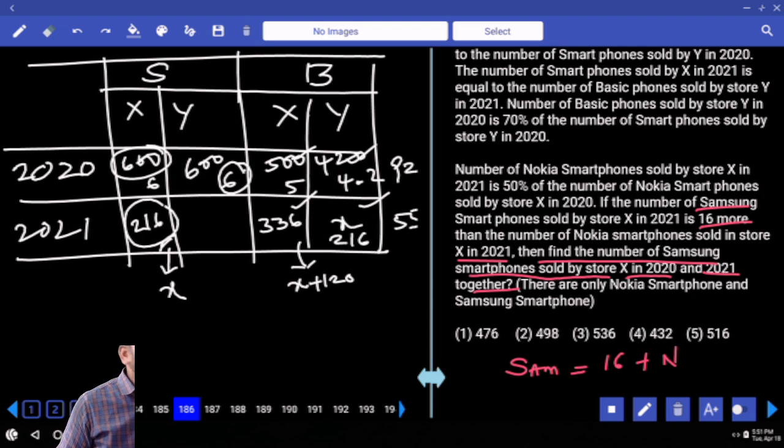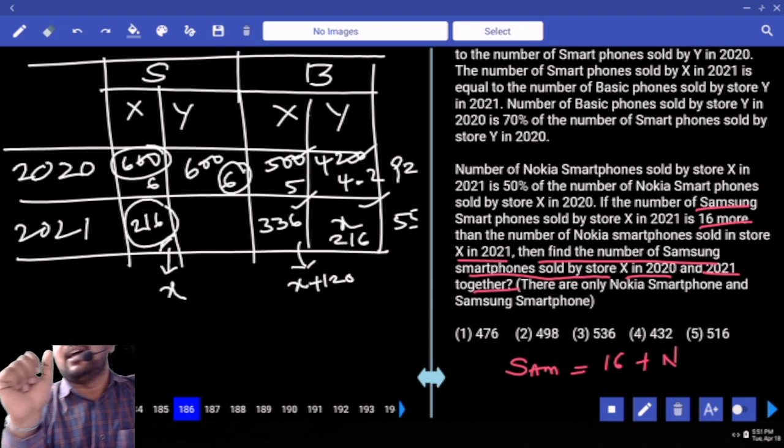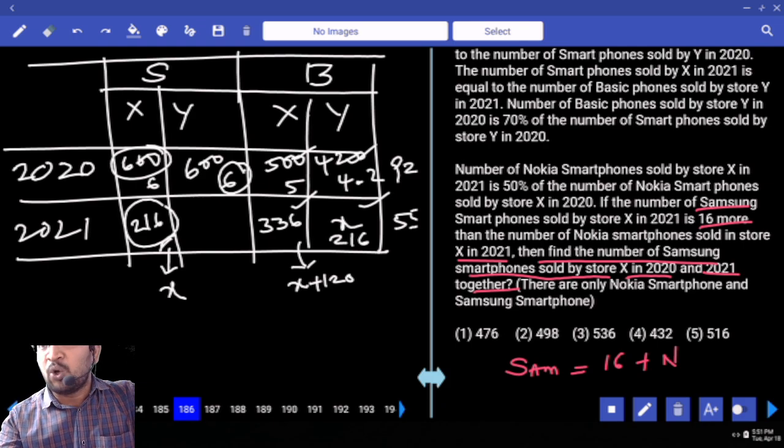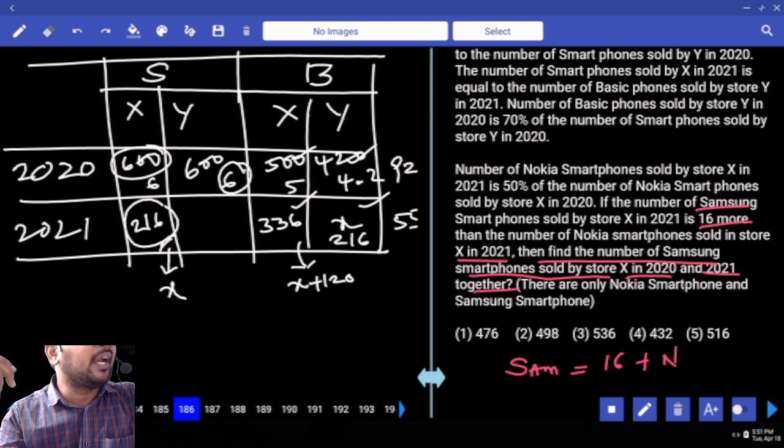Difference is 16. Now remove the difference 16 from 216, that is 200, so Samsung minus Nokia gets cancelled. 2 times Samsung is equal to 200.